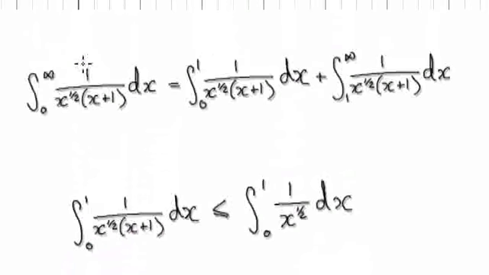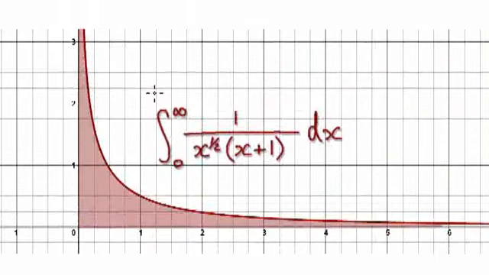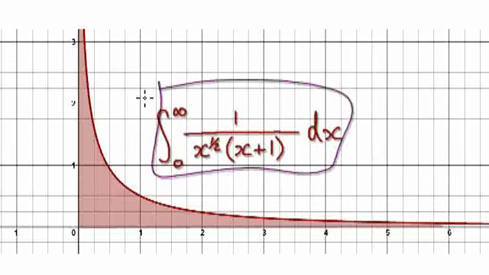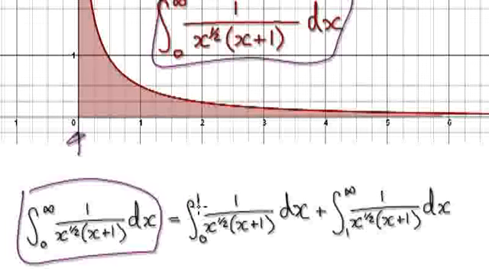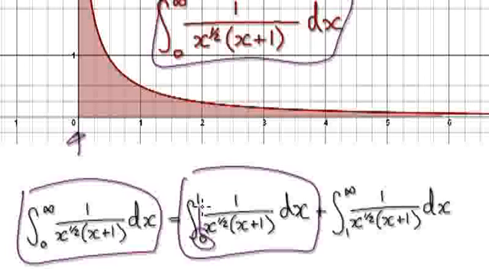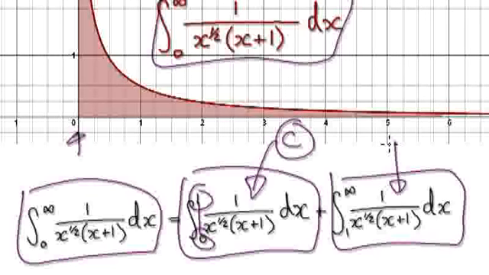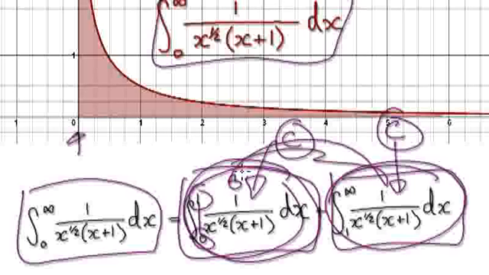So going back right to the start, we were trying to evaluate this here. Because it breaks down dead on 0, we need to break it down into two separate integrals. From 0 to 1, we've already established that this is going to converge, and then we've just seen that this thing here is going to converge. So you've got something that's going to come to a definite number. Add the two together.